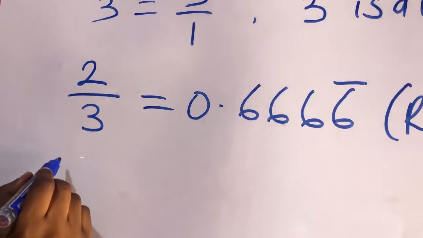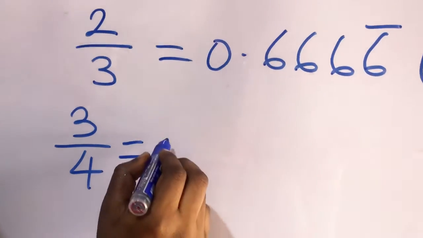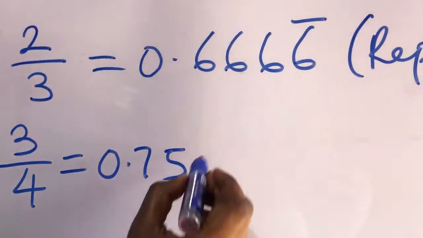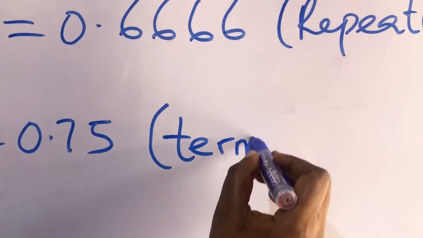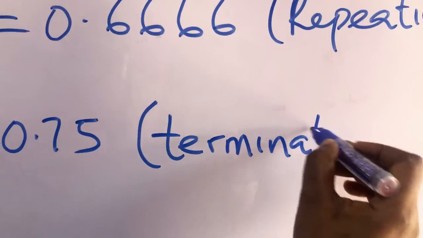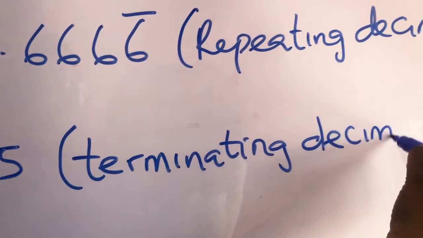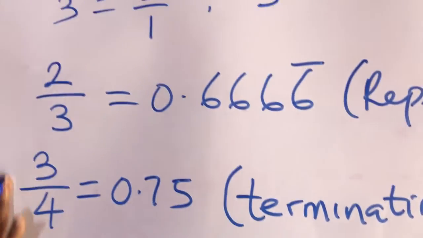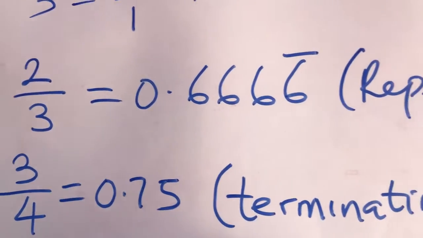Also, if you have 3 divided by 4, this is 0.75, so this is a terminating decimal. Any number that exhibits all these properties is called a rational number.